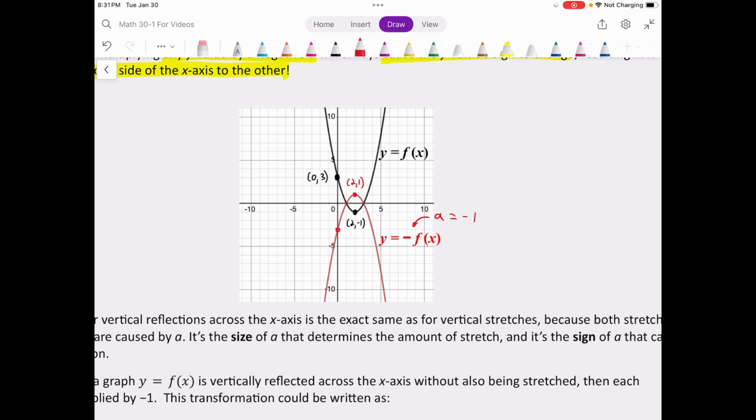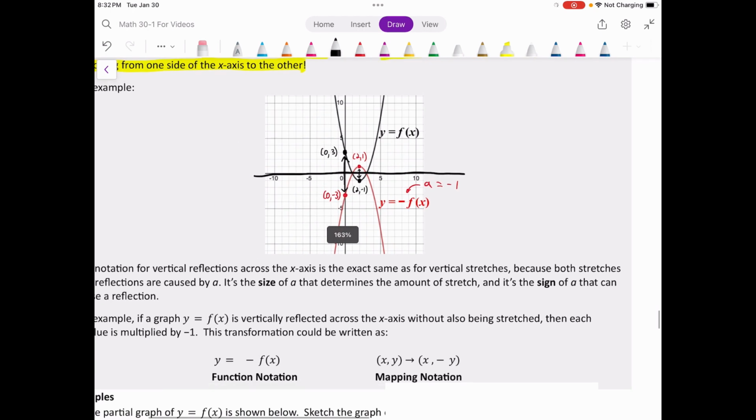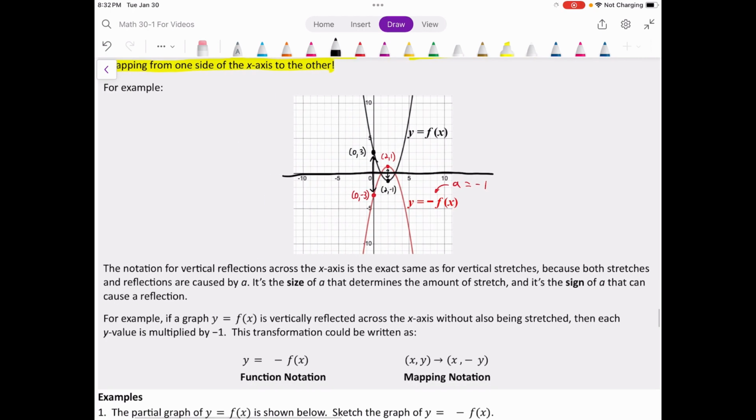They've just been flipped. Reflected, right? Notice, again, if I draw in the x-axis, these points are equidistant, like we saw with reflections in the line y equals x for taking the inverse. They've just been mirrored, the same way your reflection in the mirror looks just as far into the mirror as you are out of the mirror. These points have been reflected across.